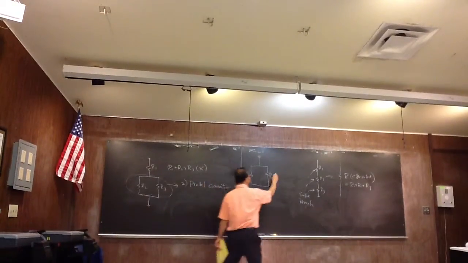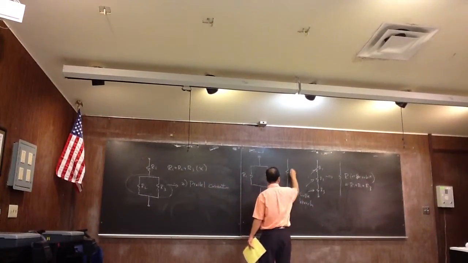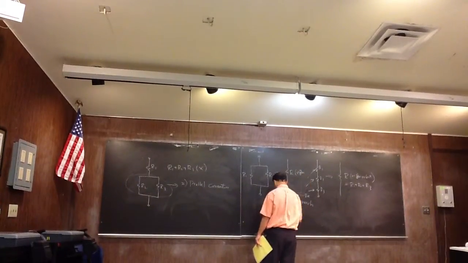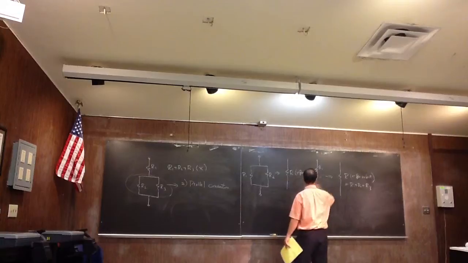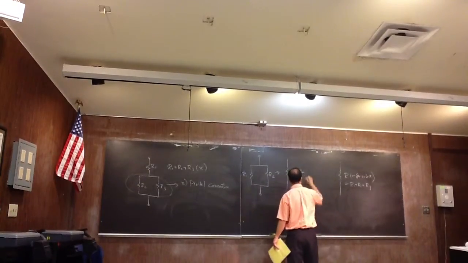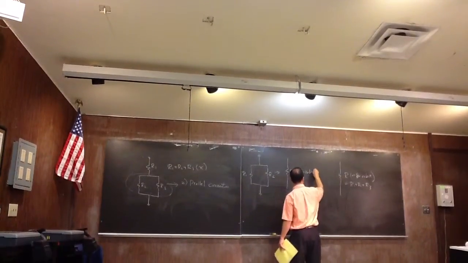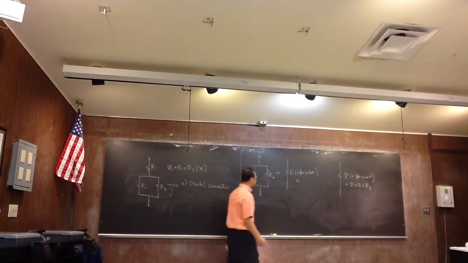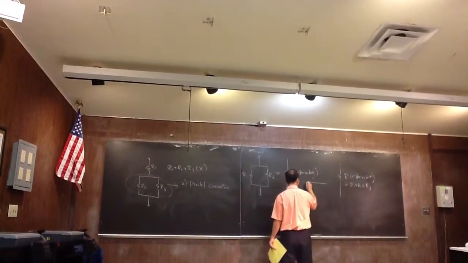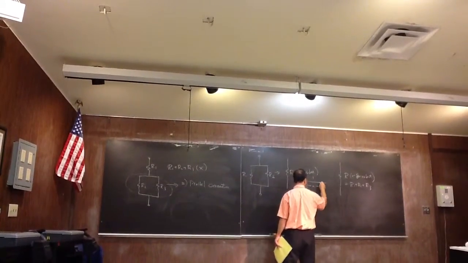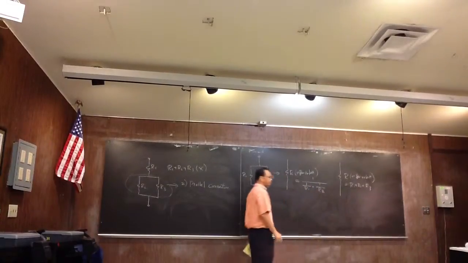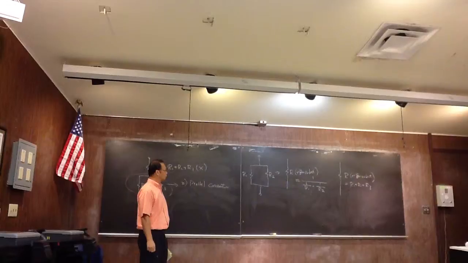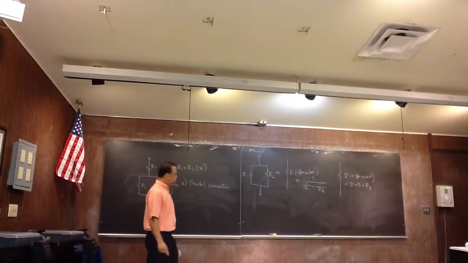So the R equivalent is equal to, so that's the formula for the parallel connections. It's equal to 1 over R1 plus 1 over R2. Okay, so that's the formula.